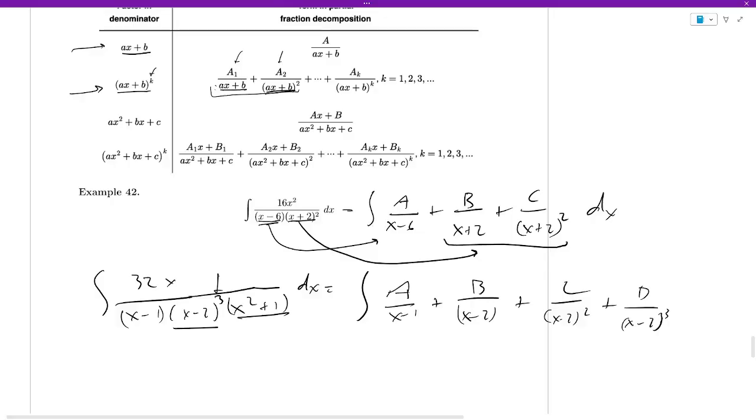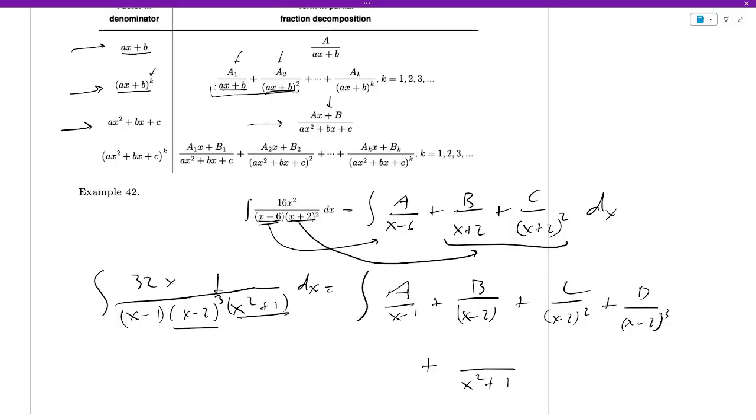And then there's one more term, this last term. So we haven't talked about this yet. This is a quadratic term. It's not a linear term. So it means it's of this format. Whenever you have something squared, maybe plus something times x, maybe plus a number, that's a quadratic factor. And I'm still going to have that factor itself in the denominator. So I'll have plus something over x squared plus 1. But then it turns out that the right thing to put in the top is a generic linear factor.